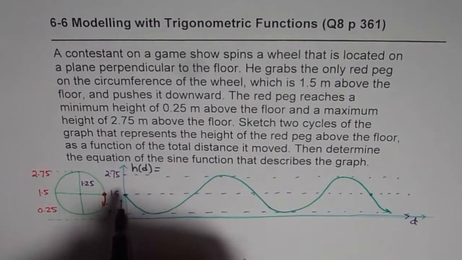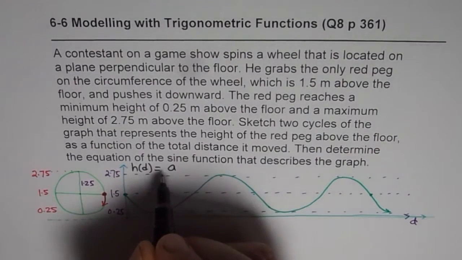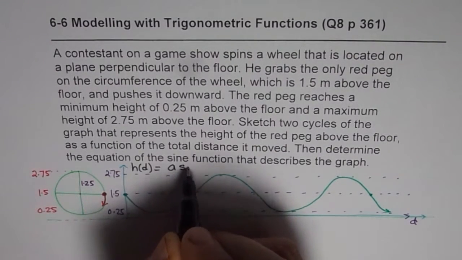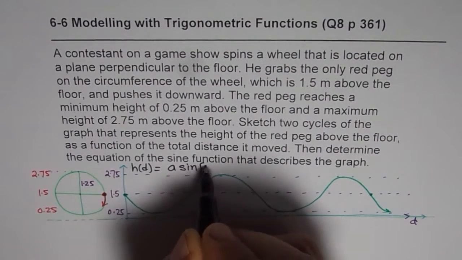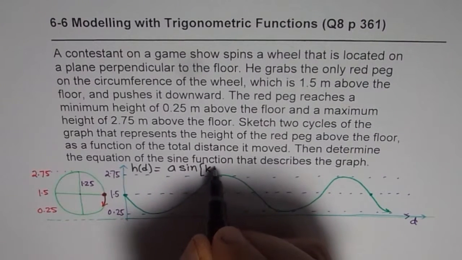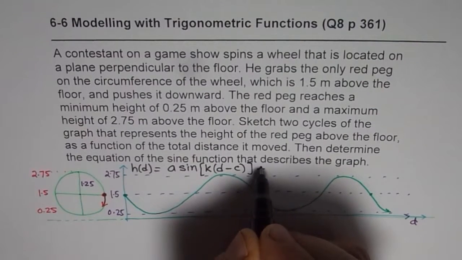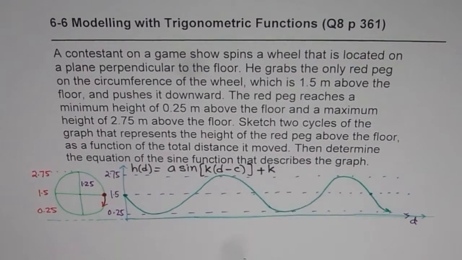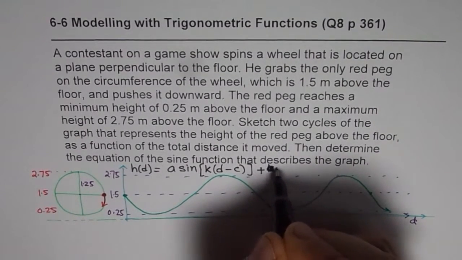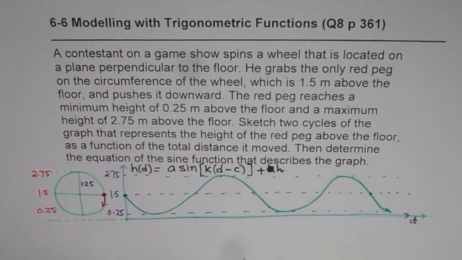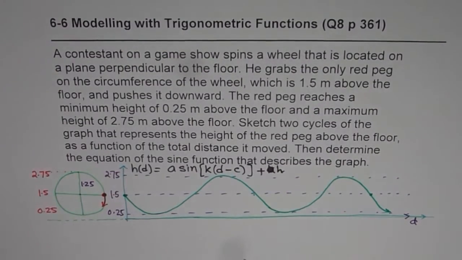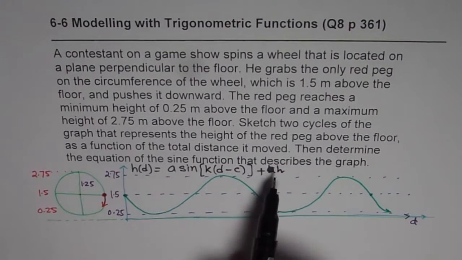Then in general, a will be the amplitude, times sine of k times (d minus c), plus h, the initial difference. Okay, so that is the equation we are looking for.